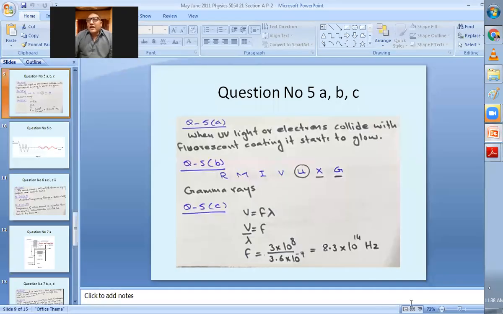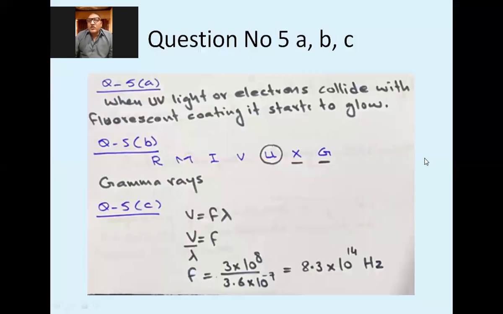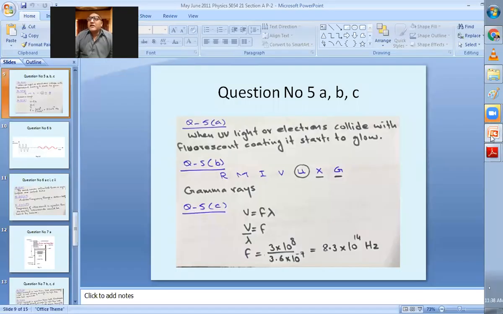I've done this on paper. Let me show you my answer on your screen. You can see that V equals F lambda, F equals V by lambda, F equals 3 × 10^8 divided by 3.6 × 10^-7, equals 8.3 × 10^14 hertz. So let's check the marking scheme.